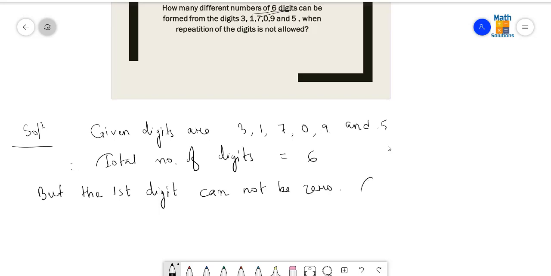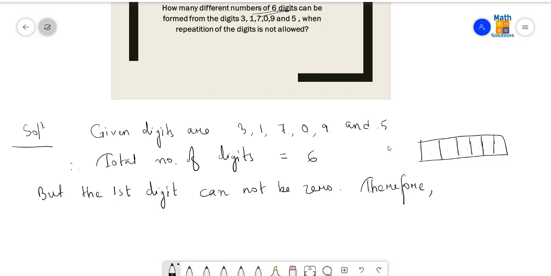Therefore, after this I am going to construct 6 houses where I will put the possible number of ways. 1, 2, 3, 4, 5, 6. One more thing is given: repetition of the digits is not allowed.